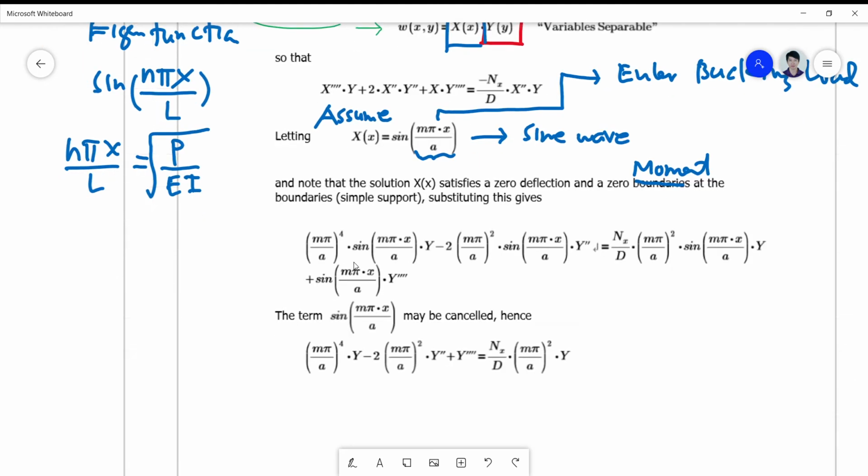Okay, so you can cancel it here. Obviously, each and every expression has this in the formula.